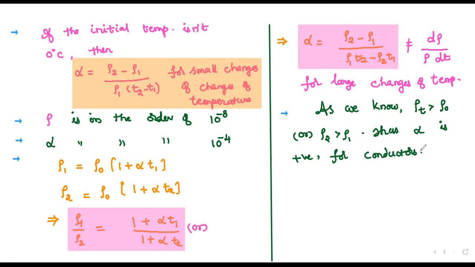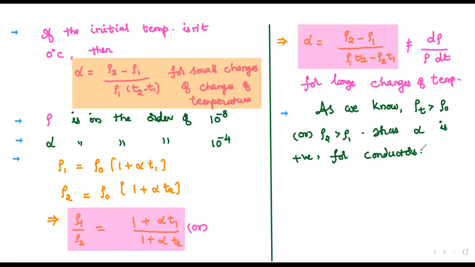Superconductors means the resistance becomes zero at low temperatures. And a simple logic: if temperature is increased, resistivity increases, and when temperature is decreased, resistivity decreases, almost tending to zero, at very low temperatures like 4 Kelvin, not 4 degrees Celsius, 4 Kelvin, 5 Kelvin, 3 Kelvin, almost close to 0 Kelvin.